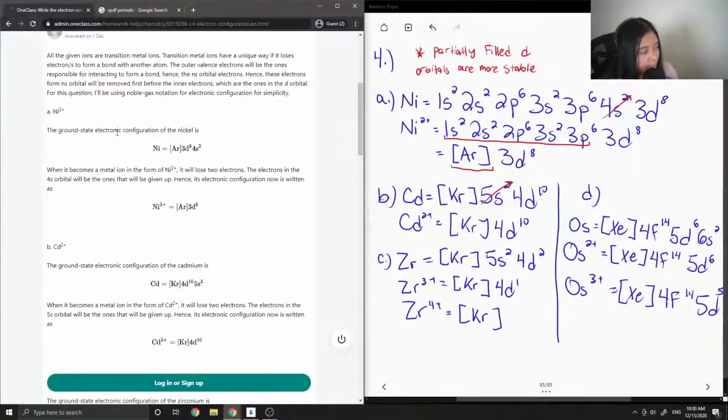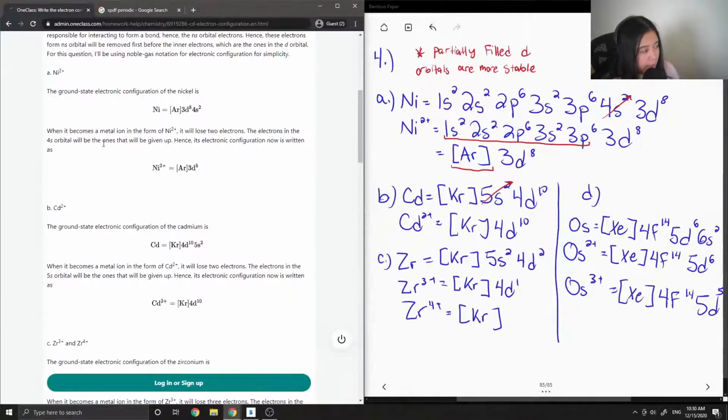The ground state electron configuration of nickel is argon 3d8 4s2. When it becomes a metal ion in the form of nickel 2+, it will lose 2 electrons. The electrons in the 4s orbital will be the ones that will be given up. Hence, its electron configuration now is written as argon 3d8.